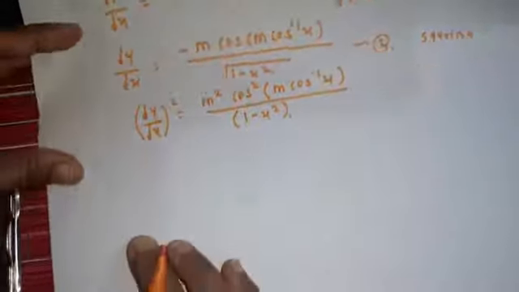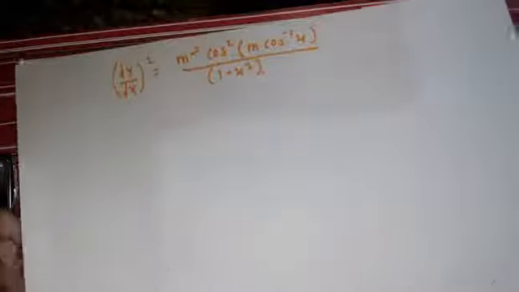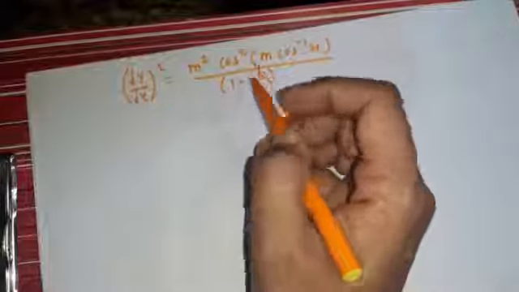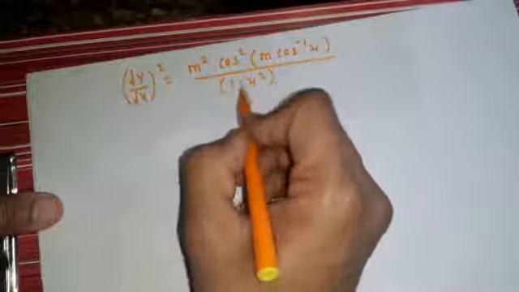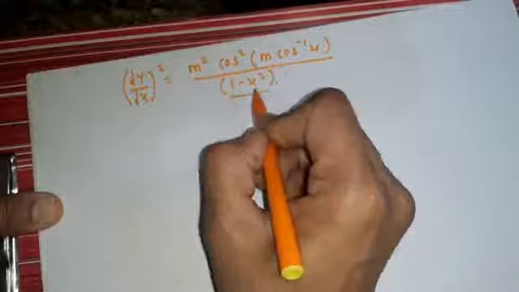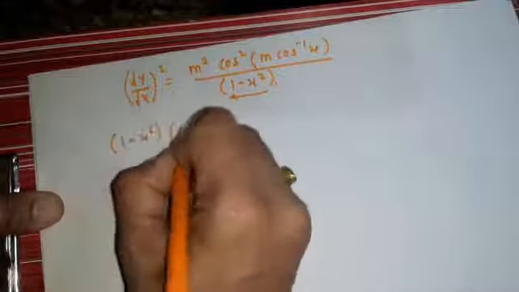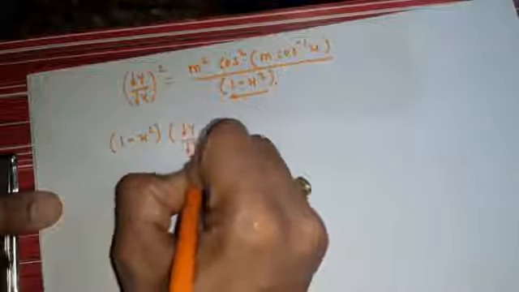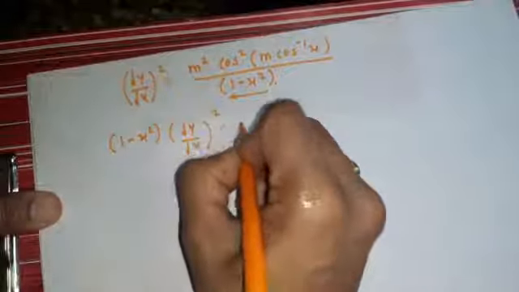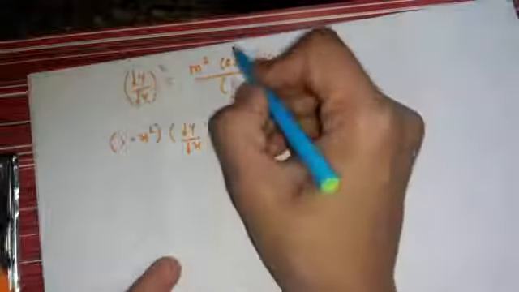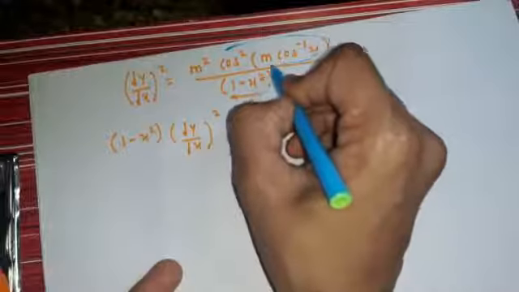Okay students, so see here, after squaring we have got this. Shift this 1 minus x square to that side, and we get (1 minus x square) dy by dx whole square equals m square cos square of m cos inverse of x.